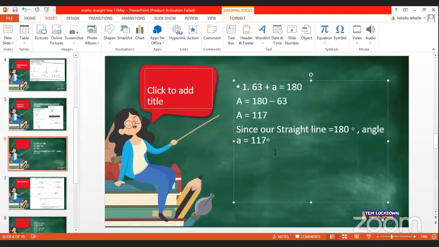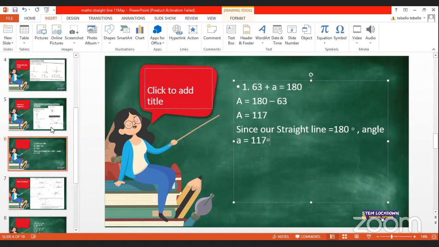Next, our A equals 107. What is our reason for that? Since our straight line equals 180 degrees, angle A equals 107 degrees, because there we have our straight line and our straight line equals 180 degrees. So this is our reason for number 1.